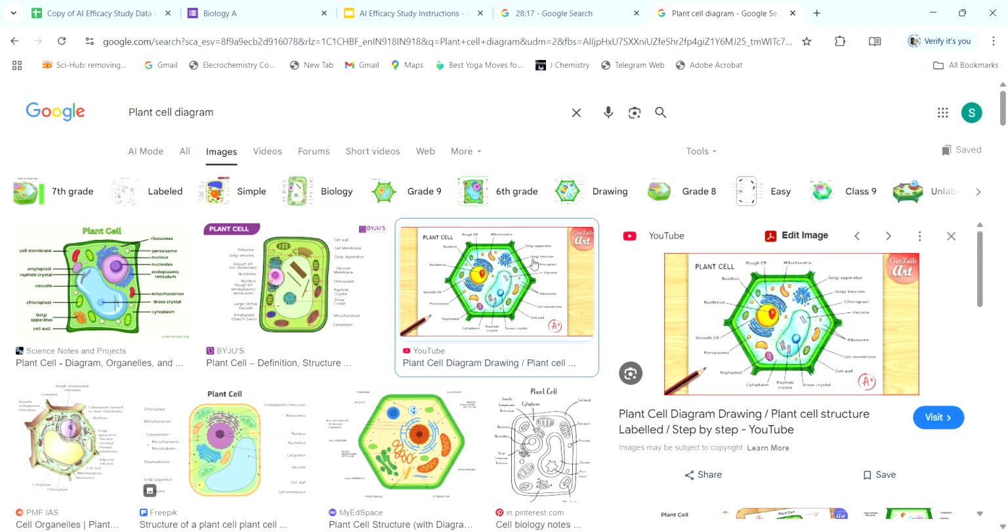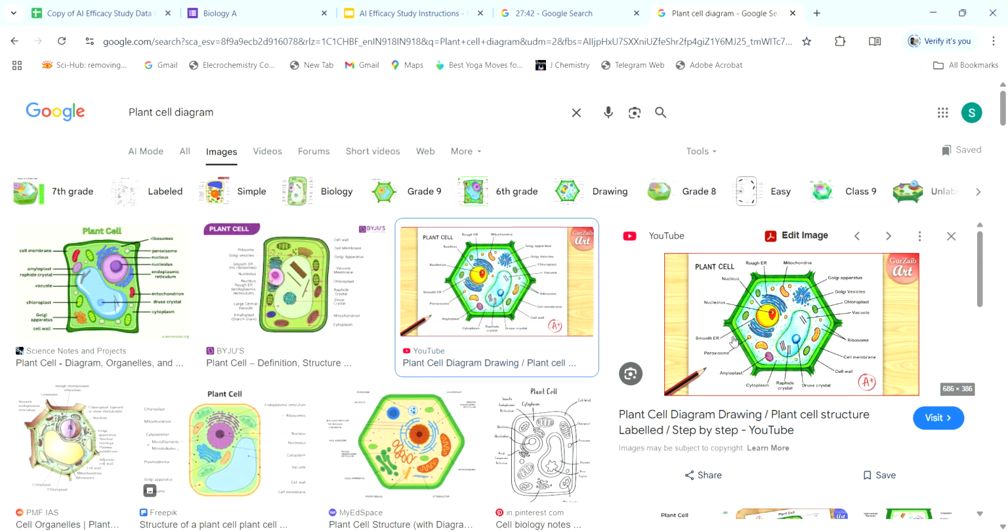In a plant cell there is also rough endoplasmic reticulum, nucleus, mitochondria, nucleolus, Golgi apparatus, Golgi vesicle, chloroplast, vacuole, ribosome, cell membrane, cell wall, druse crystal, then raphide crystal, then cytoplasm, amyloplast, peroxisome, smooth and rough endoplasmic reticulum.